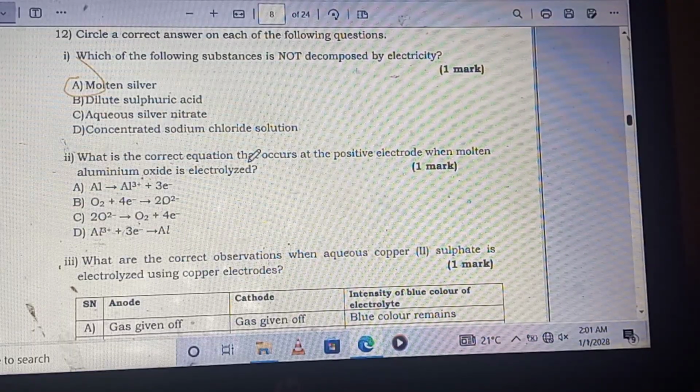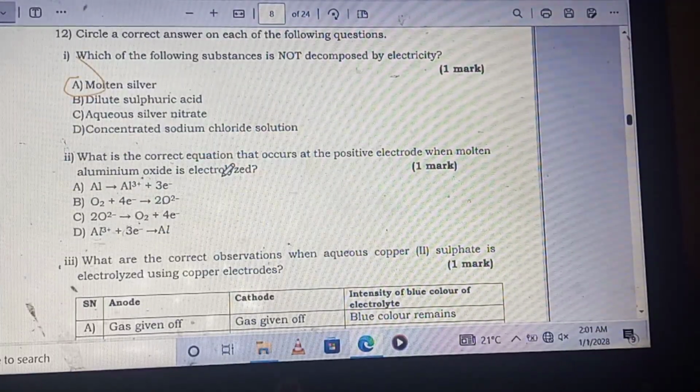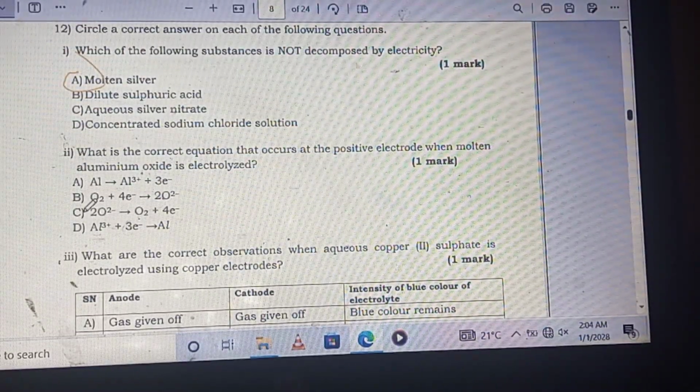What is the correct equation that occurs at a positive electrode when molten aluminum oxide is electrolyzed? The correct answer is letter C.